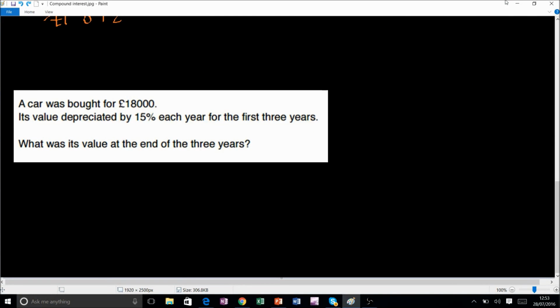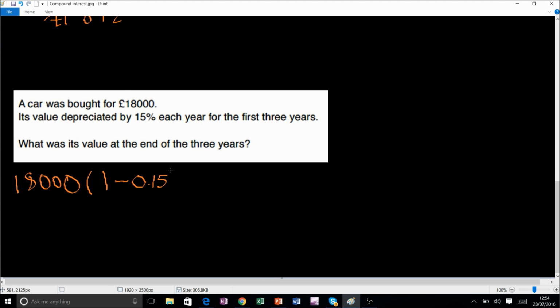Okay, so with this question, it says a car was bought for £18,000. Its value depreciated by 15% each year for the first 3 years. What was its value at the end of the 3 years? Okay, so since it depreciates and doesn't increase, well, you'll see it when we get there. So we're going to do £18,000 as the initial investment, brackets 1, and whereas we would usually put a plus there, because it depreciates, we're going to do take away, okay?